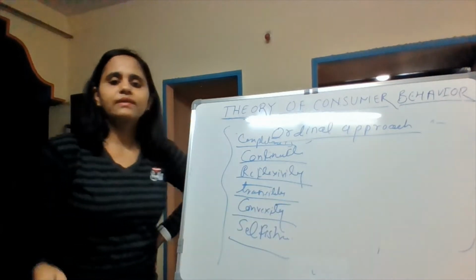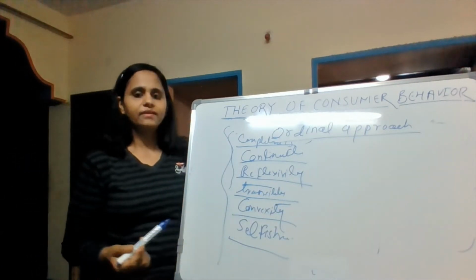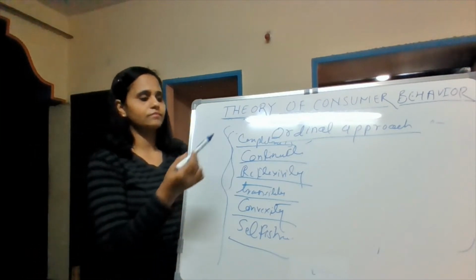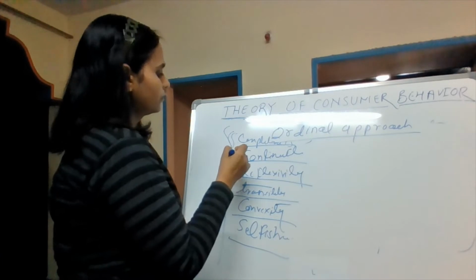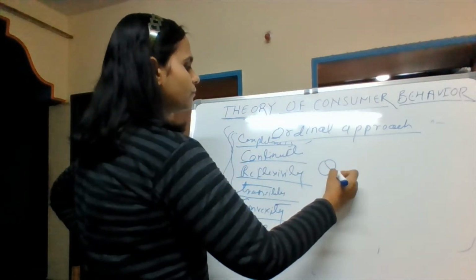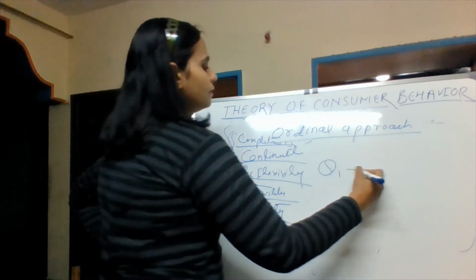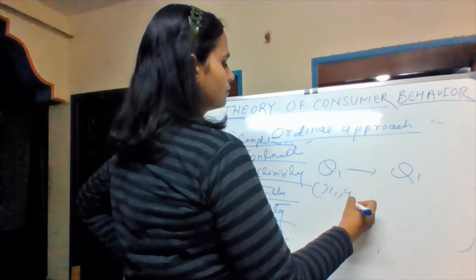Completeness, basically these are all self-explanatory. Completeness: if you are choosing a bundle of goods, consider this is one bundle Q1 and this is another bundle. Under this you have X1, Y1.